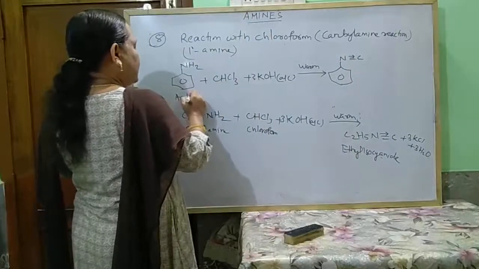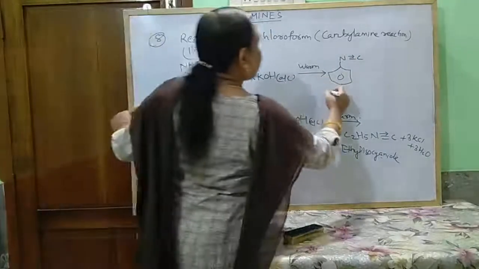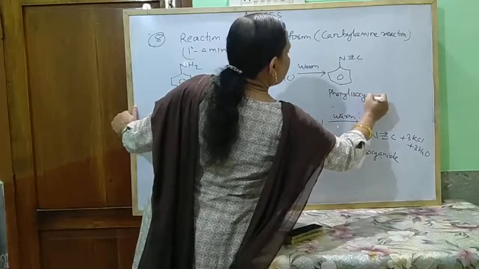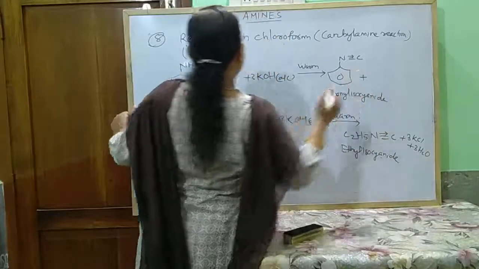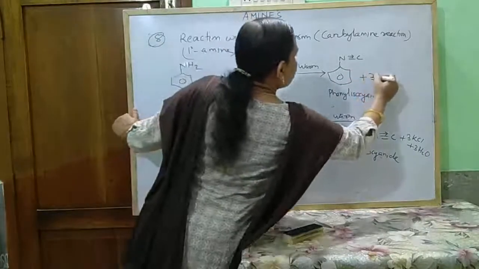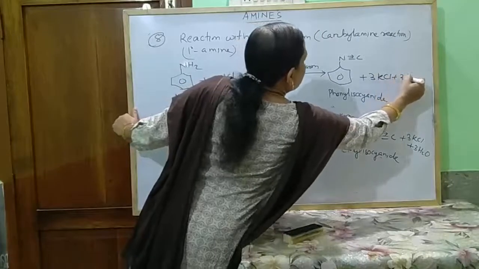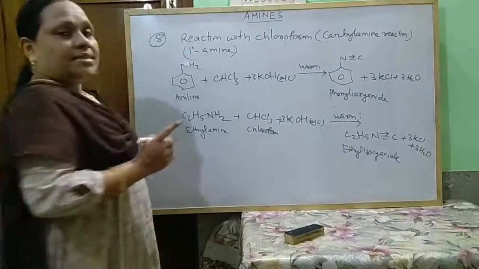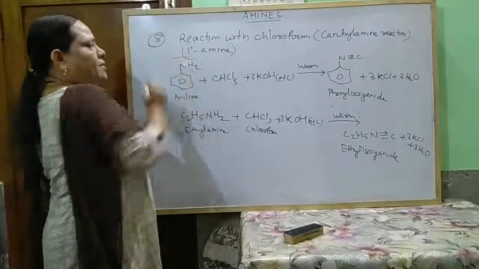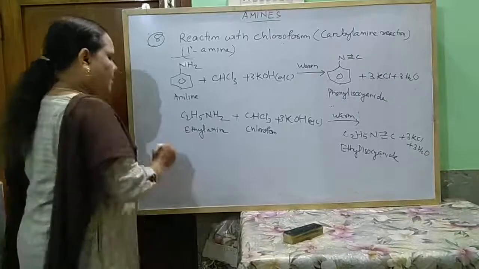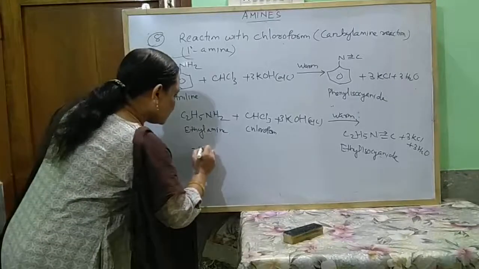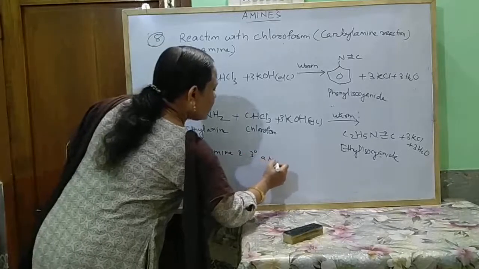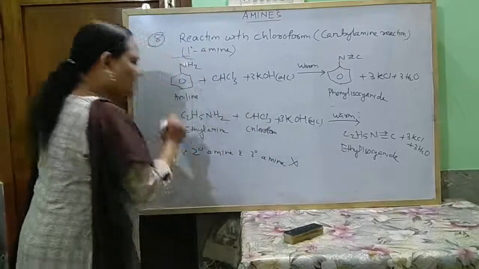This is aniline, phenyl carbylamine or phenyl isocyanide plus 3H2O. So this is only given by primary amine. Secondary amine and tertiary amine do not respond to this test.